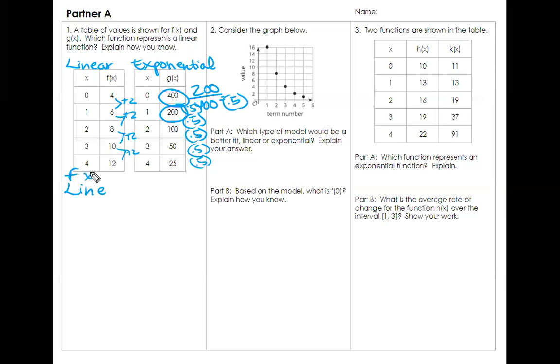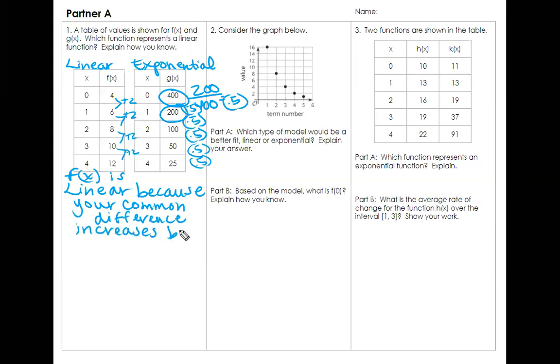So put f of x is linear because why? Good job. Because your common difference increases by what? 2 each time. So you got that? What's something intelligent I can come up with for this, for exponential?